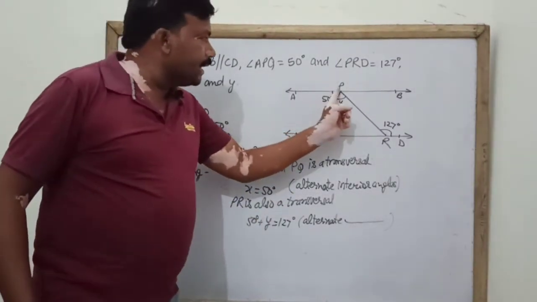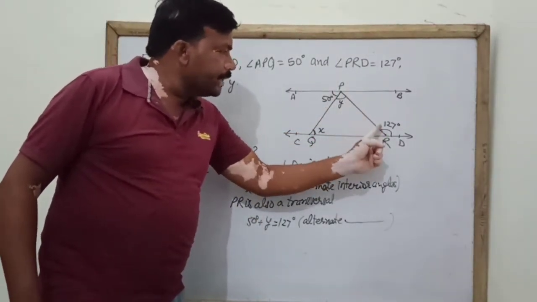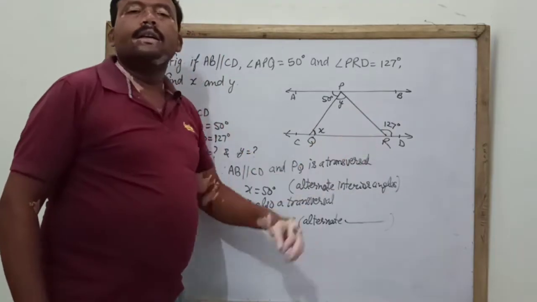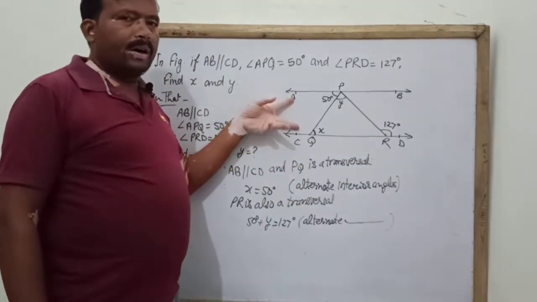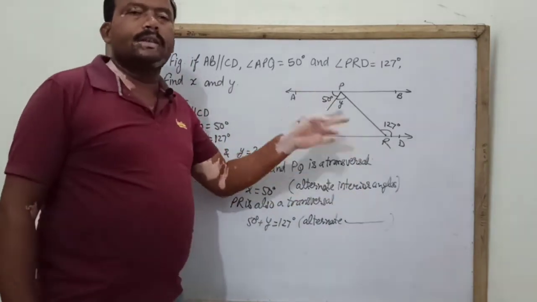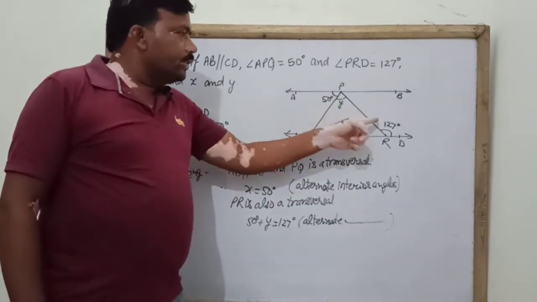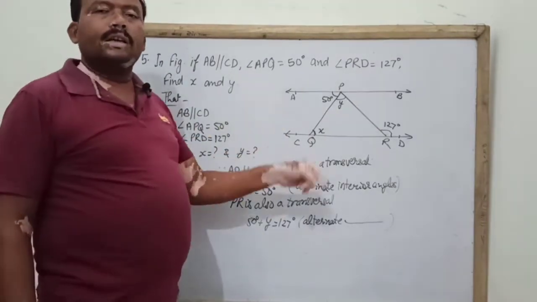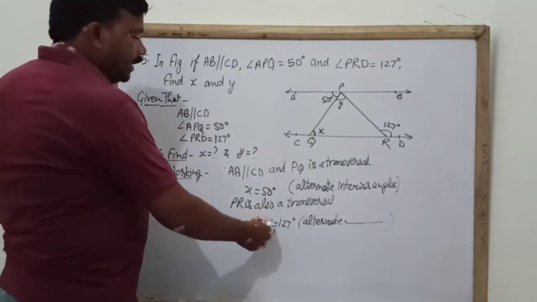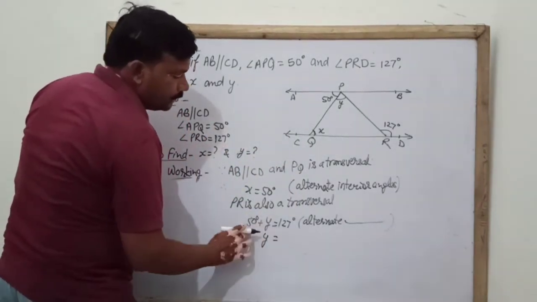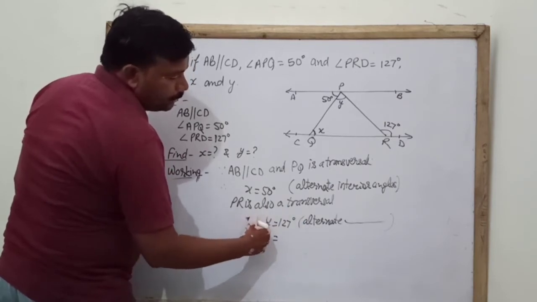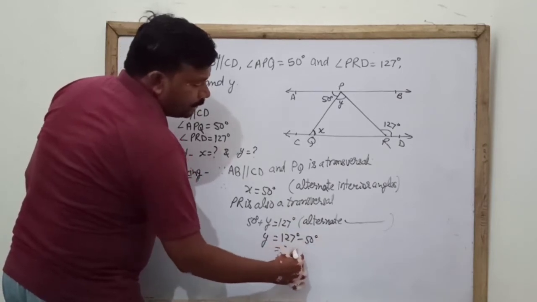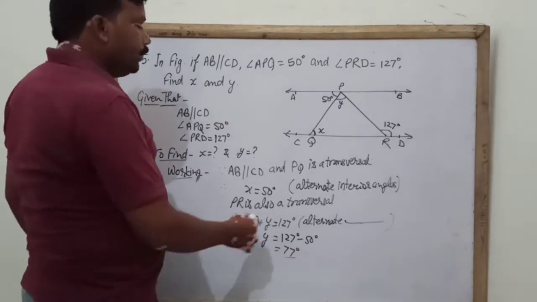As you are seeing here, this transversal is forming this angle and this angle. Since two lines are parallel and this line is a transversal intersecting these two lines, these two angles will be equal. Why are they equal? Since they are alternate interior angles. Now transferring the 50 degree to the right side, what will be the answer? 77 degree. These two are the answers.